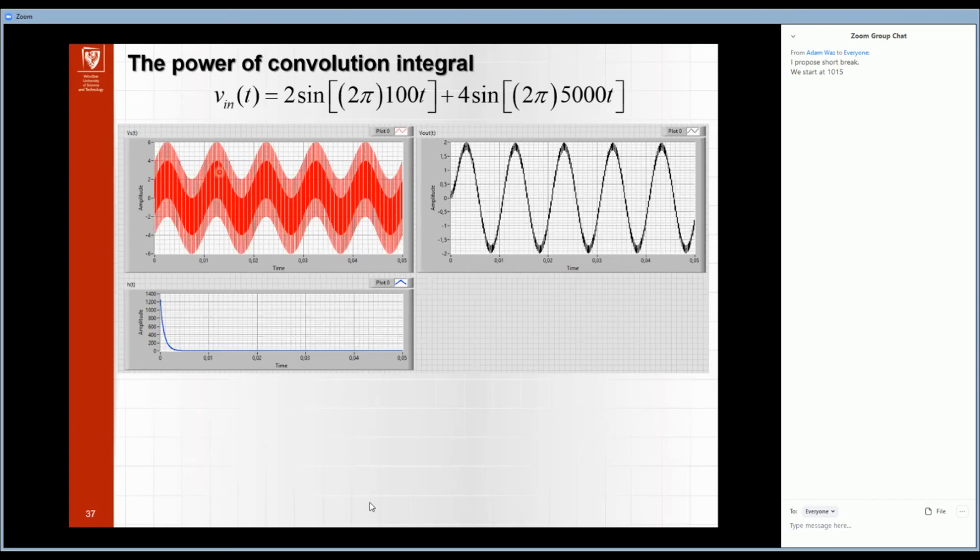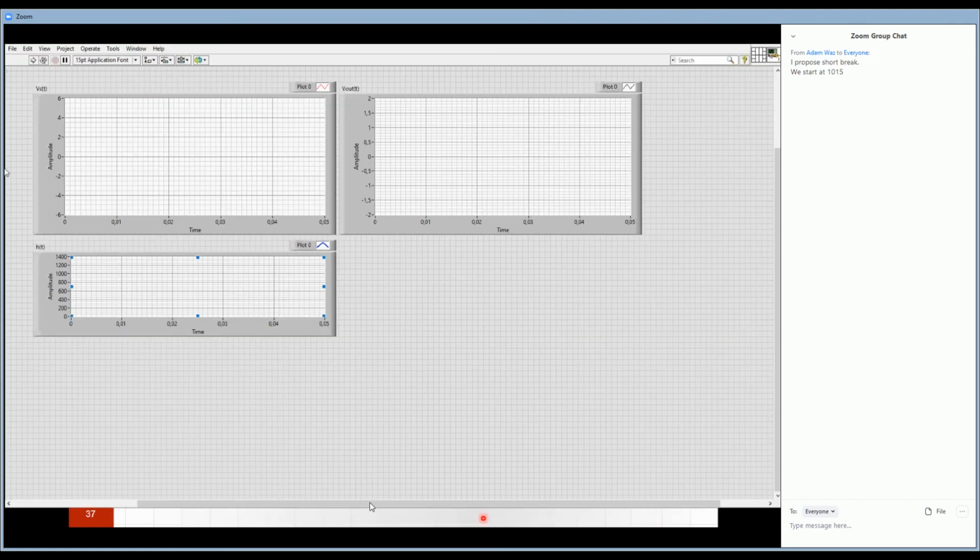And when we use this one, we start here, and as a result we obtain the following.